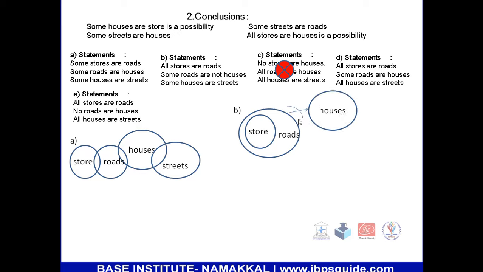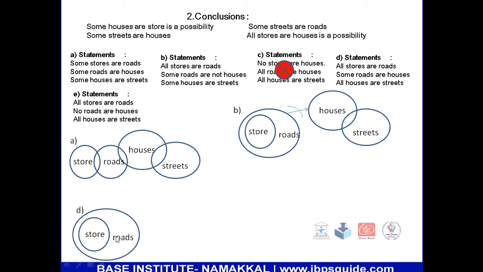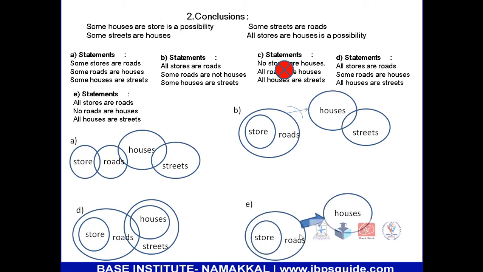Guys, here we are using the symbols for reference only and also to differentiate the statements. And then for statement D: all stores are roads, some roads are houses, all houses are streets. And then for statement E: all stores are roads, no roads are houses, all houses are streets.